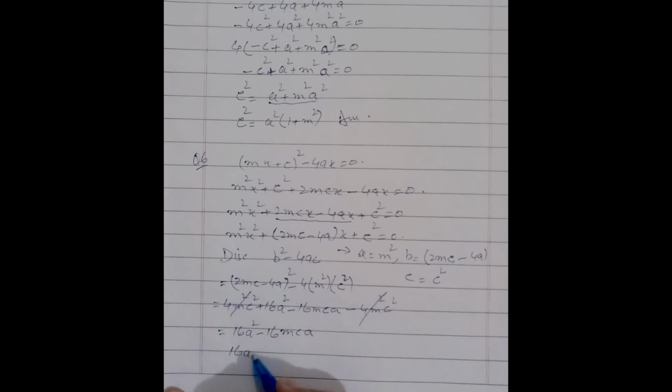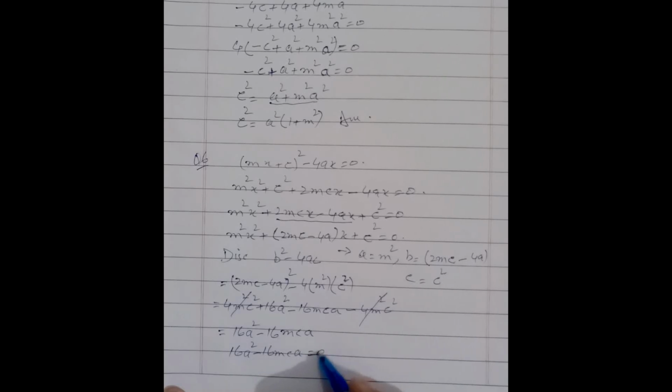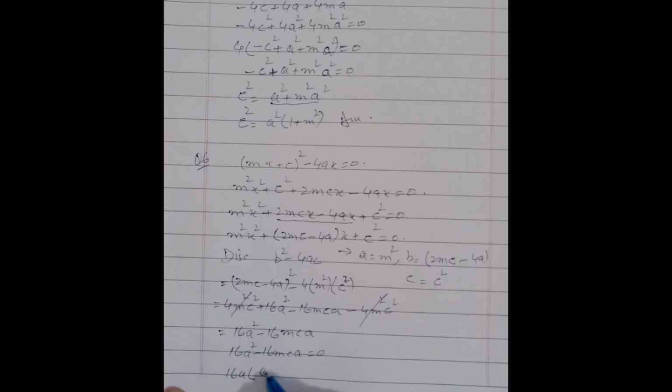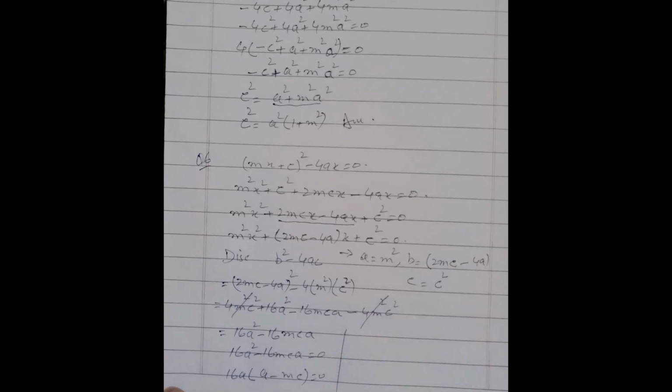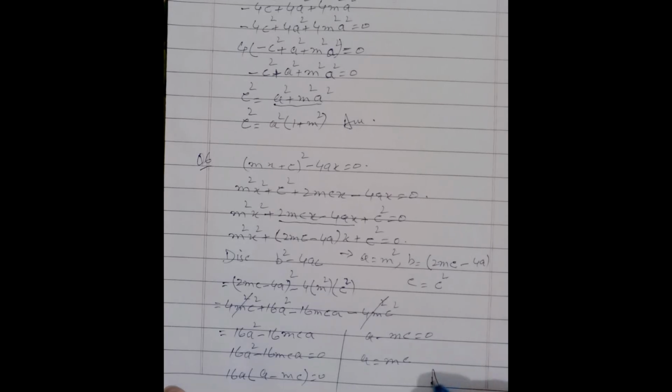We write 16a² − 16mca = 0. Take common 16a. We have a − mc = 0. When we divide both sides by 16a, we get a − mc = 0. So a is equal to mc, and it is our answer of question 6.